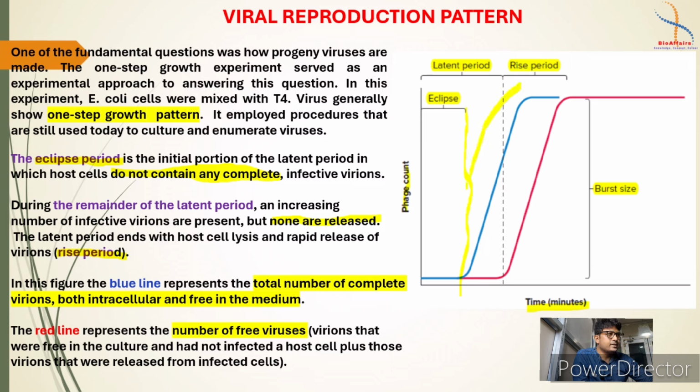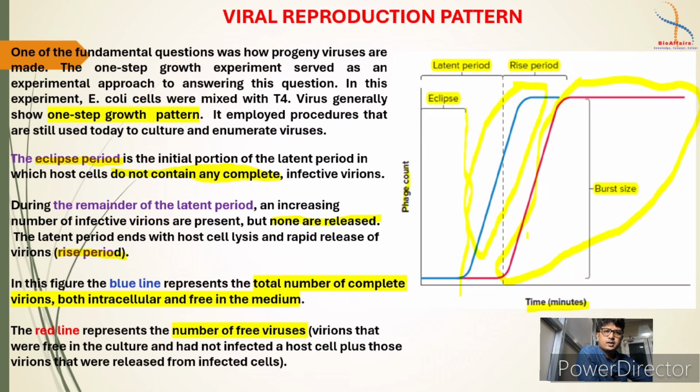And the red line depicts virions that were free in the culture and had not infected any other host cell, plus those virions that were released from infected cells.